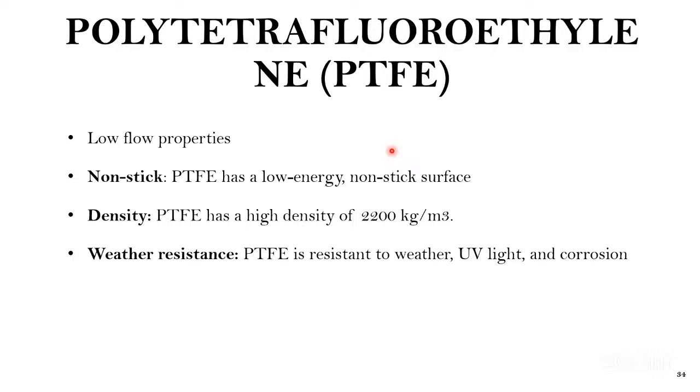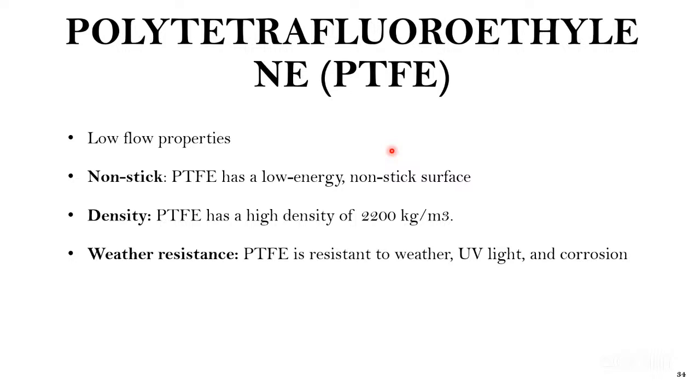So Teflon processing requires very specific instrumental facilities. This Teflon is present in the market in beads or in the form of powders. Generally, they are available in the form of very fine powder. So that powder, they provide temperature to it and then they form molds, or whatever kind of final product you want to achieve, you can get by very specific techniques used for the processing of Teflon.